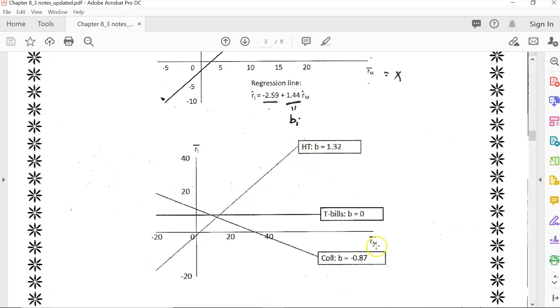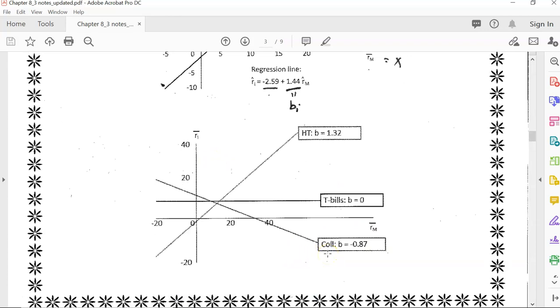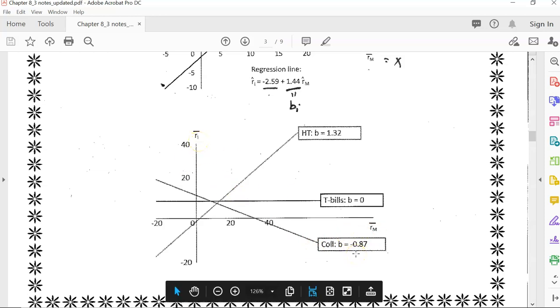When Rm goes up, Ri also goes up. But for special industries like collectible firms, we've discussed before that it is countercyclical. So when the market is going up, Ri is going down. So beta is negative here. The regression line of the capital asset pricing model is downward sloping.